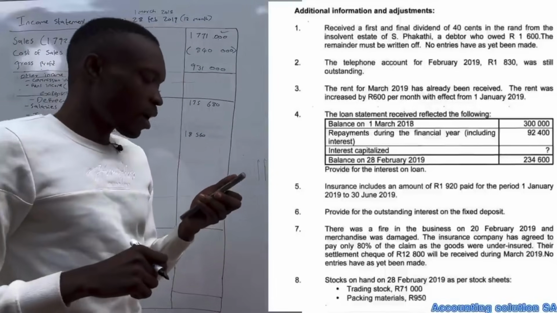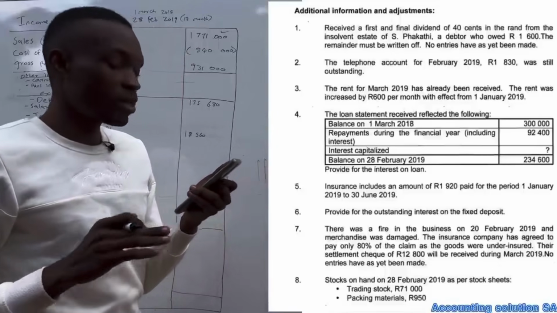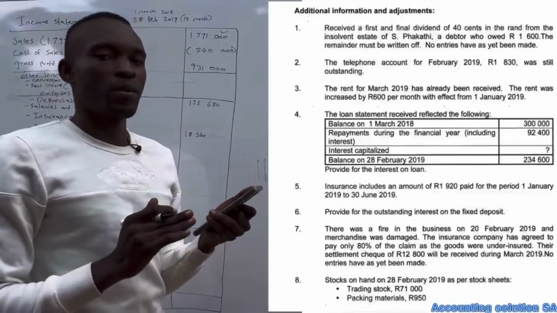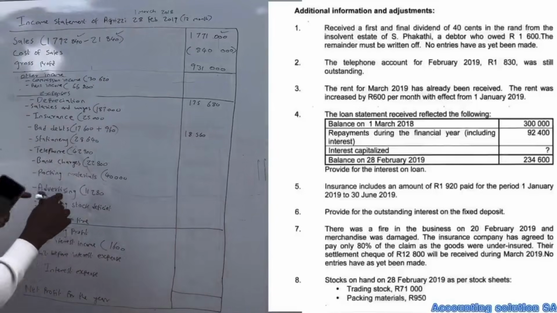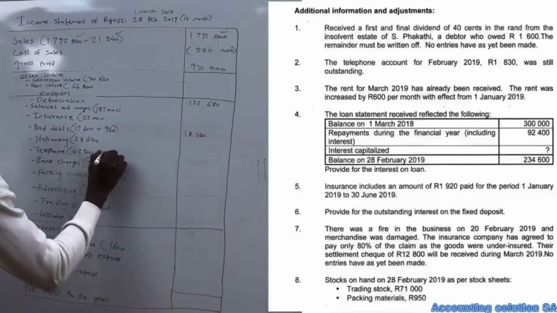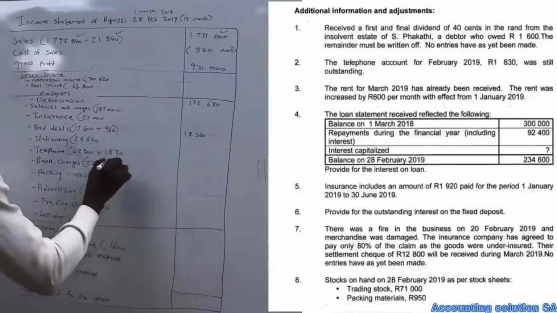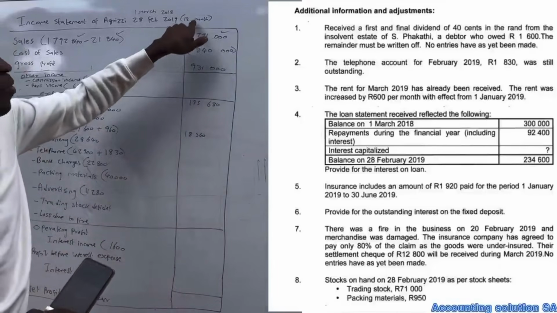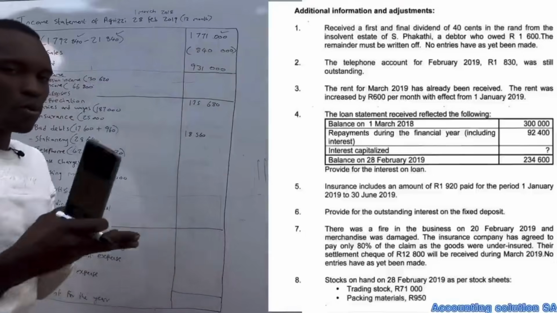The telephone account for February 2019 amount of 1,830 was still outstanding. So this amount of telephone, we have to add it because it's outstanding. I'm going to explain again why we are adding it. Remember, the principal said we must record for the full 12 months whether it has been paid or not.